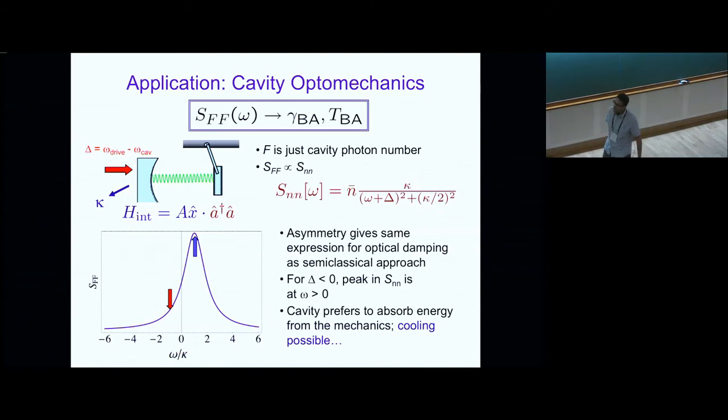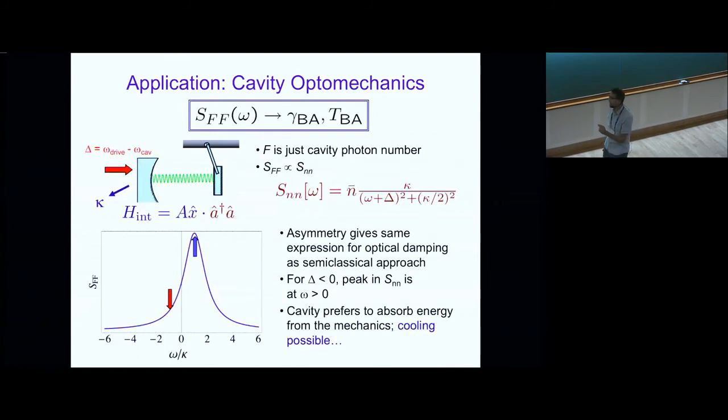So if I apply this theory to this driven cavity, what is this quantum noise spectral density? It's just a shifted Lorentzian. It's the Lorentzian density of states of the cavity with the width kappa. There's a prefactor that's the number of coherent photons in the system, and it's centered at a frequency that's the negative of the detuning.